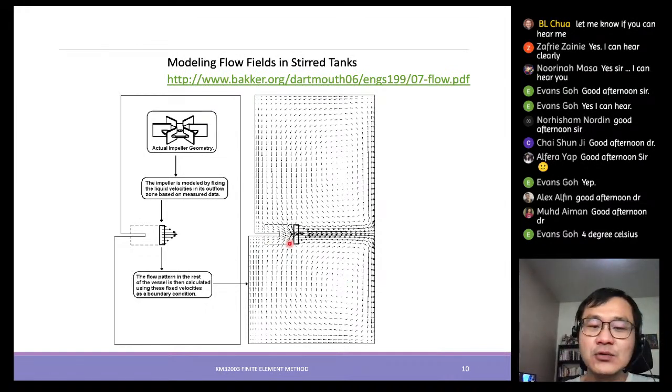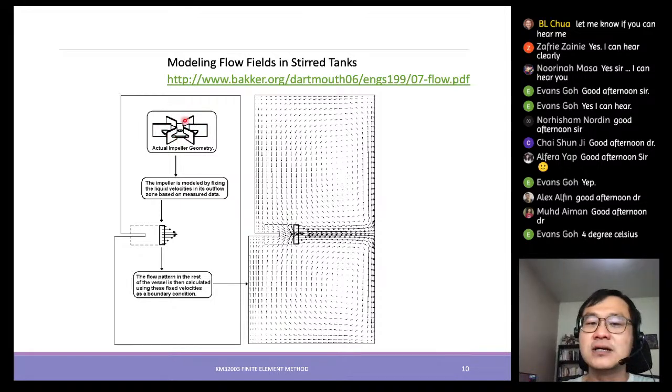So he wants to see the flow patterns, how it would look like. What he can do is put a square and measure the actual liquid velocity at the outflow of the zone. They measure the velocity of the rotations.